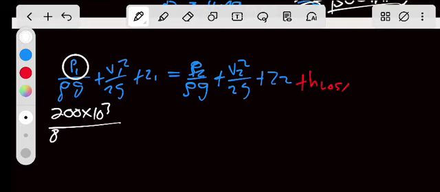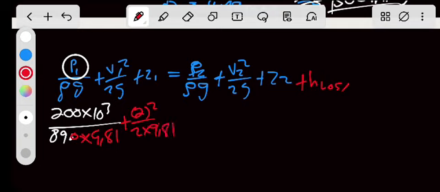Remember the density there times gravity, plus V1, it was 2, squared, divided by 2 multiplied by gravity, 9.81.